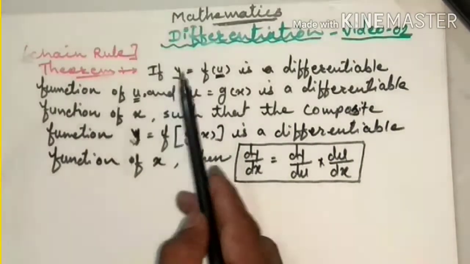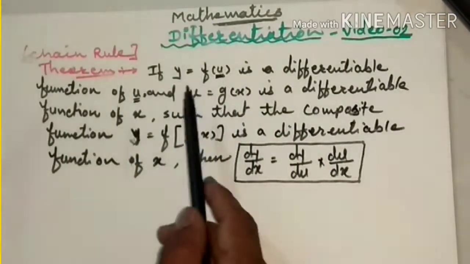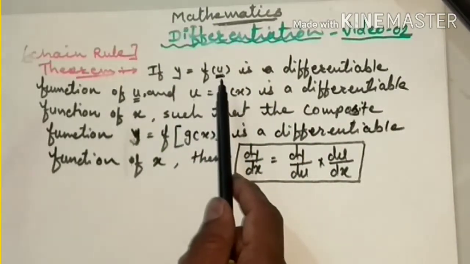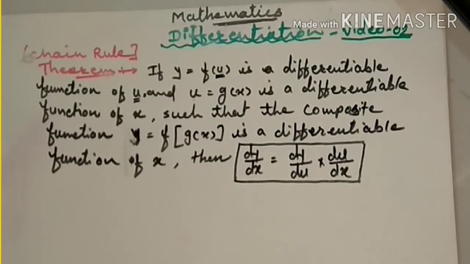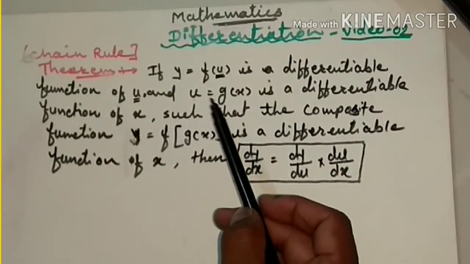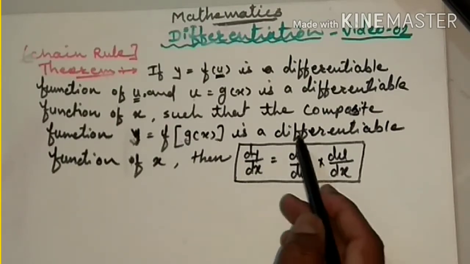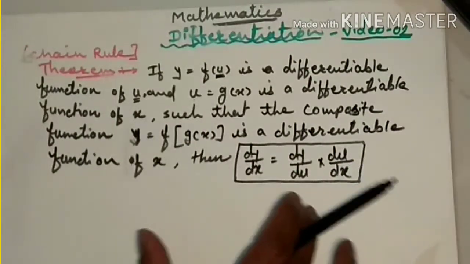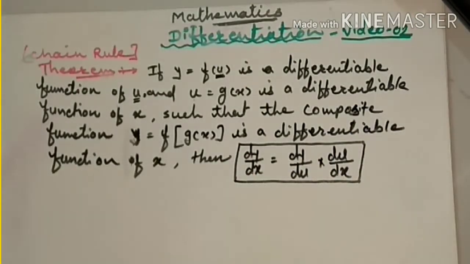But overall, if we want to find y with respect to x, it has become a composite function, because y is given in u and u is given in x, so it has become y is equal to f of g of x, isn't it? So we will find dy by dx using the formula dy by du into du by dx. This is the theorem's proof. We need to prove this, and this is what the chain rule is. Now we are going to prove this.